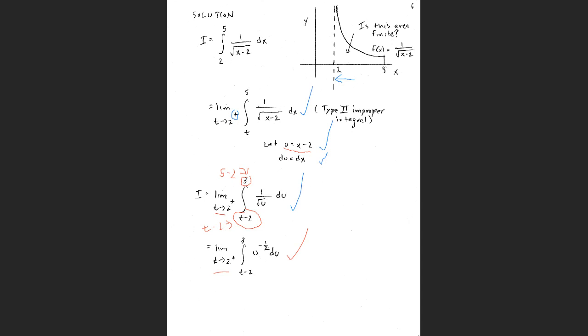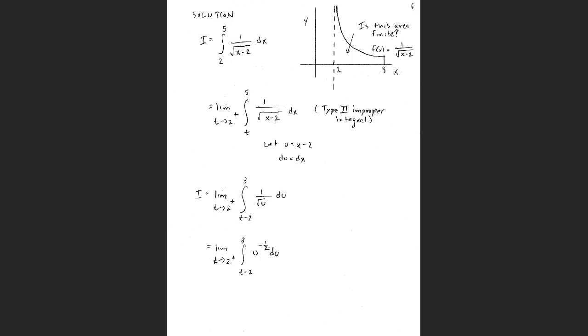So that helps. Okay, continuing on here, here's my limit. The antiderivative, by the way, of u to the negative half is equal to 2 times u to the positive half.